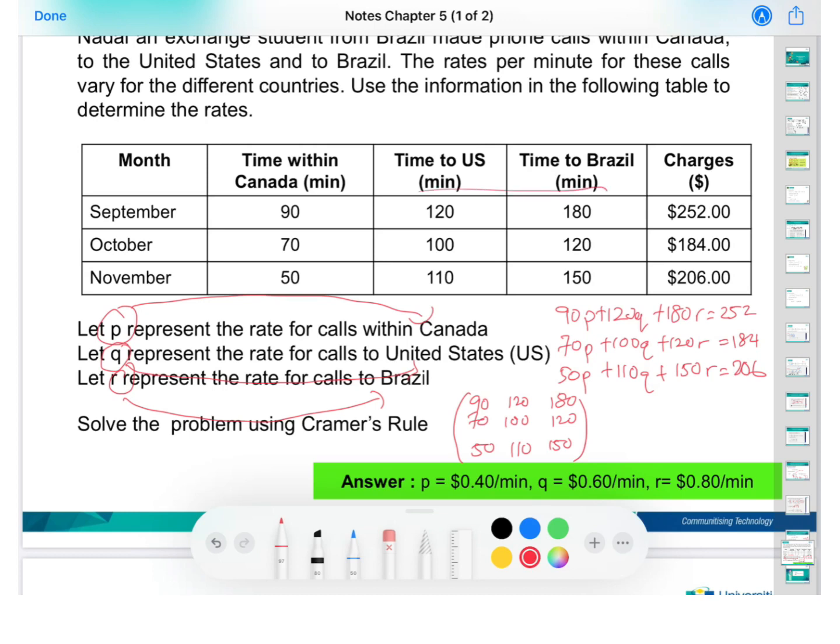Or you can have this table directly as your A, and then P, Q, R equals this table, which will be your B: 252, 184, and 206. Please solve this one using Cramer's rule and find the answer: 40 cents per minute for P, 60 cents per minute for Q, and 80 cents per minute for R.